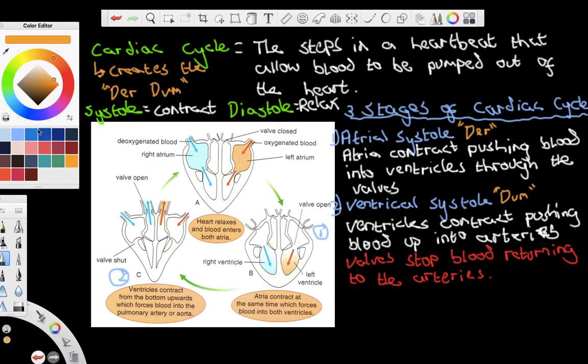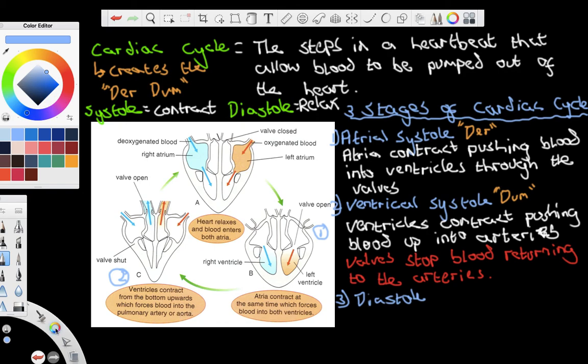So our final stage in the cardiac cycle, number 3, is simply called diastole. Remember, the word diastole means to relax. During diastole, all of the muscles of the heart relax, allowing it to recover from contracting.